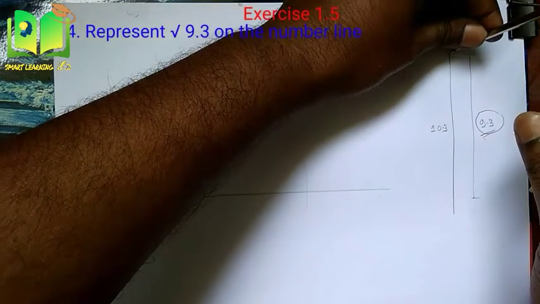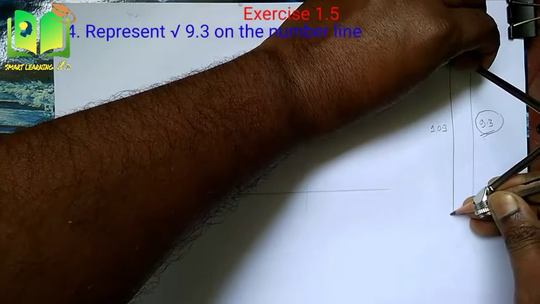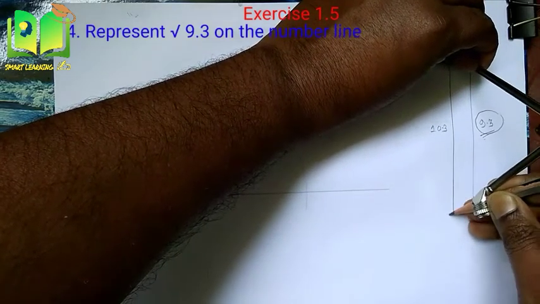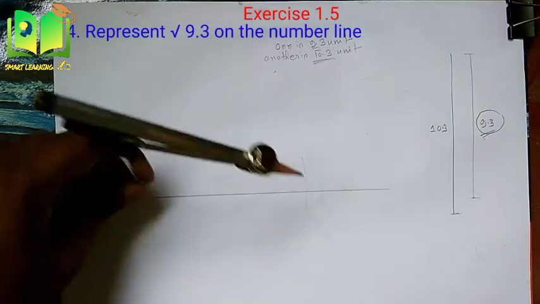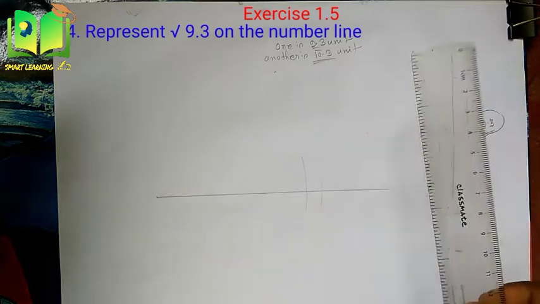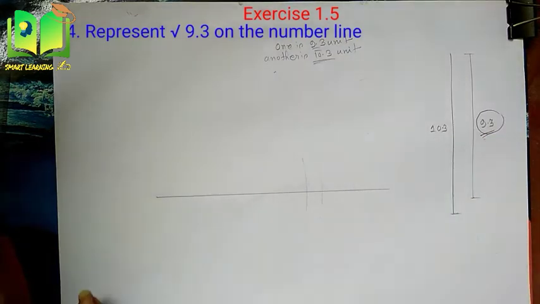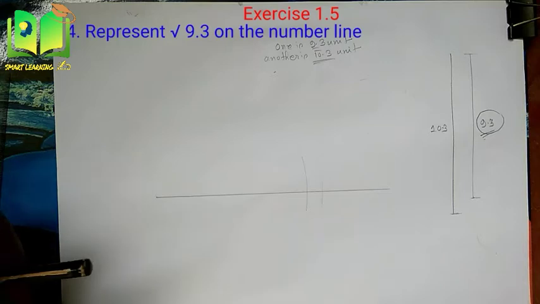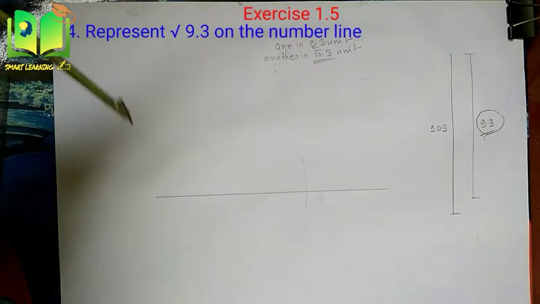In the same way, on that line construct 10.3. I am taking this centimeter scale as a unit. You can take any other unit also, but for 0.3 it is easier to draw by the centimeter ruler. Now you know that here to here is 9.3 and here to here is 10.3.